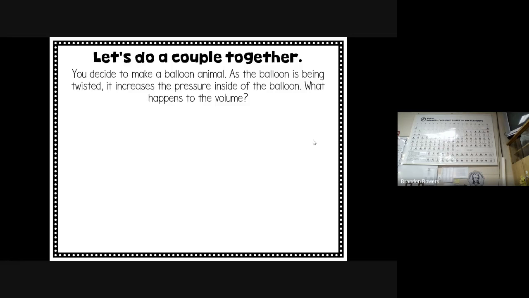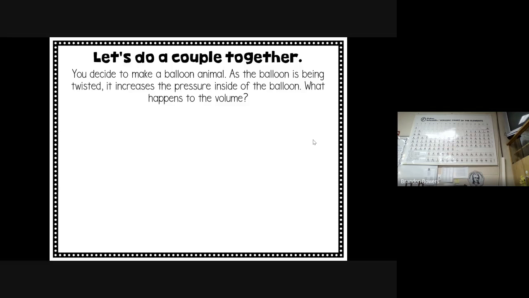That's not what we're looking for. So which of these two is constant in this problem? Pressure's constant? No? Temperature's constant? Yeah, if you twist a balloon here, you're at room temperature, and if you start to twist it, it's still at room temperature. So temperature is actually our constant.